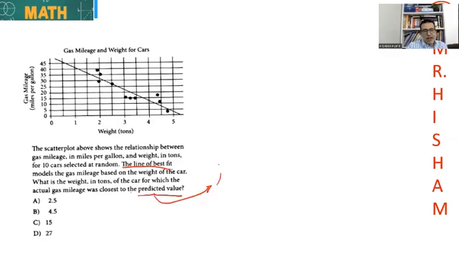Predicted value means the line of best fit. Actual value means the dot itself. Where is the closest point? The closest point is the point on the line. The weight of the point on the line is 2.5. So I'm looking for the point that matches the straight line itself.